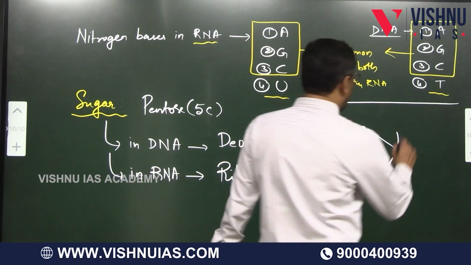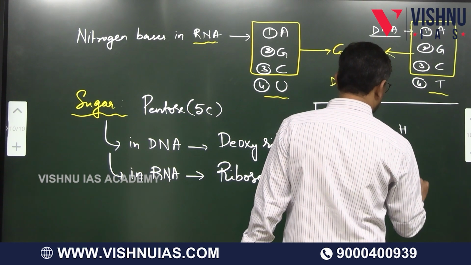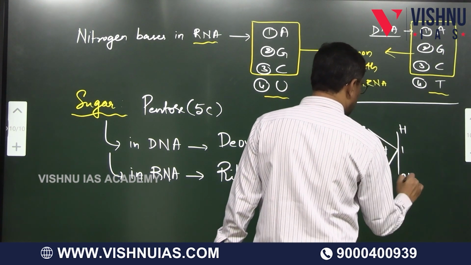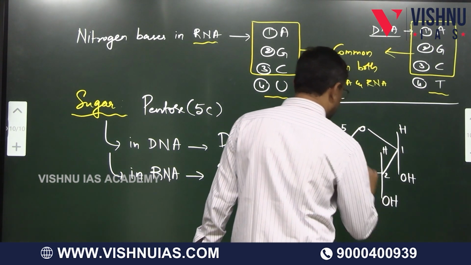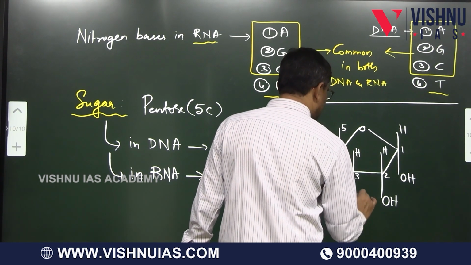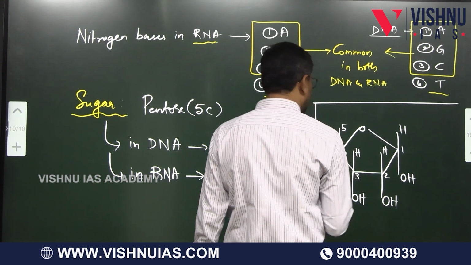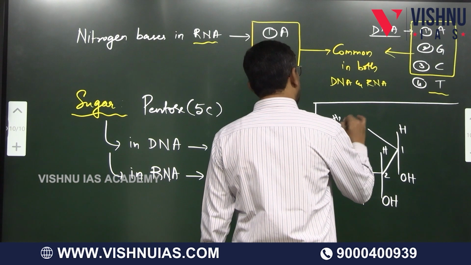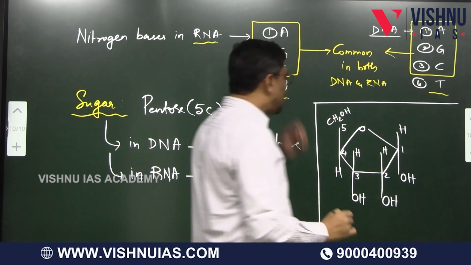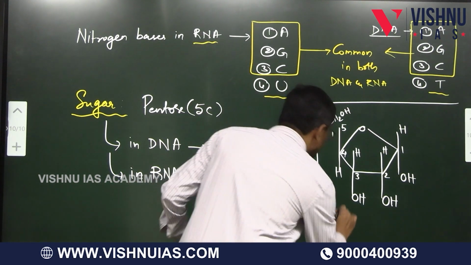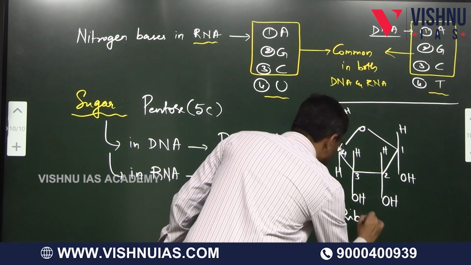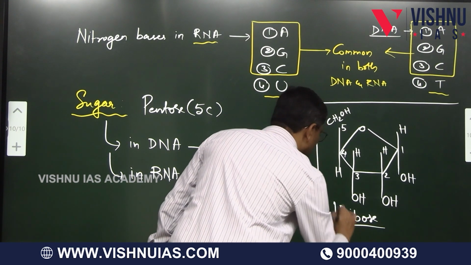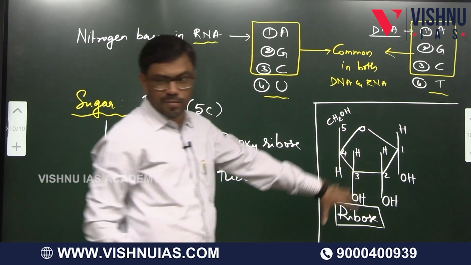Here HOH, this is for your understanding, don't take this one. HCH2OH. This is the actual structure of ribose sugar, a pentose sugar, 5-carbon containing sugar.